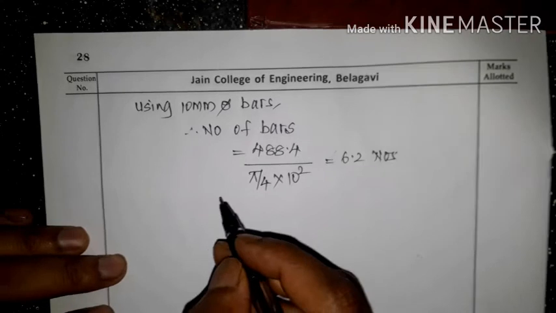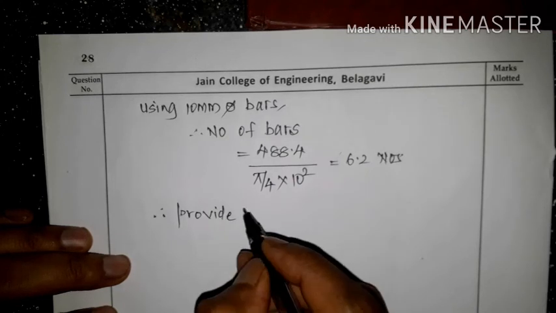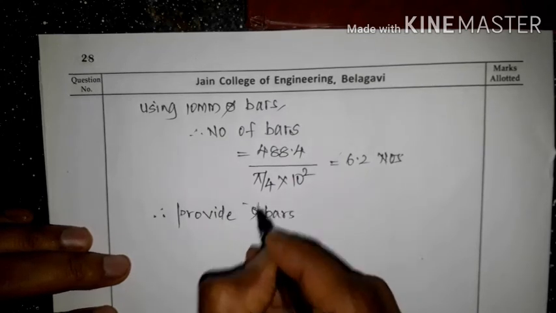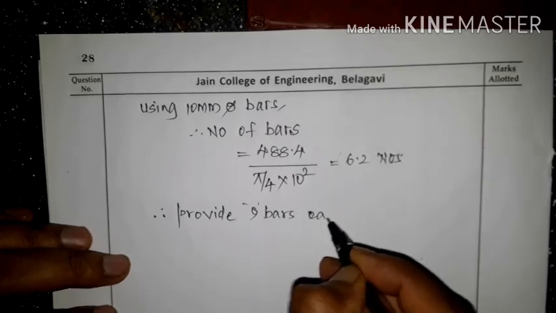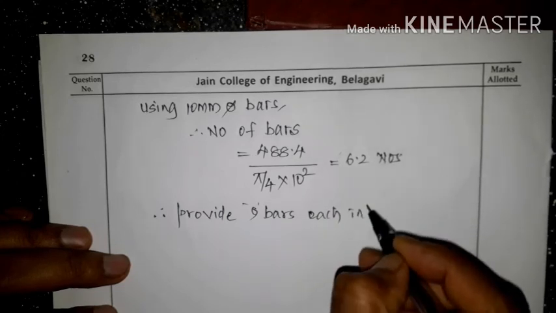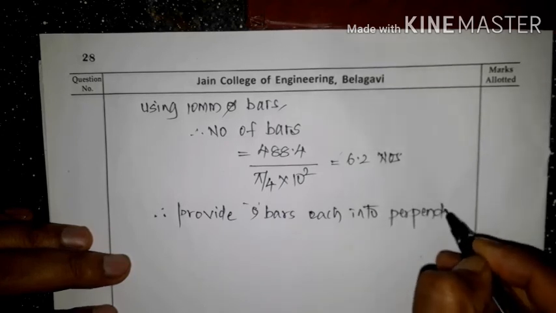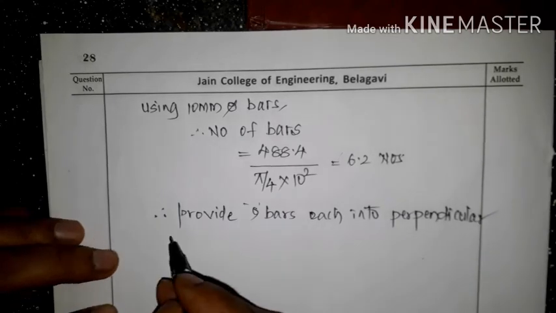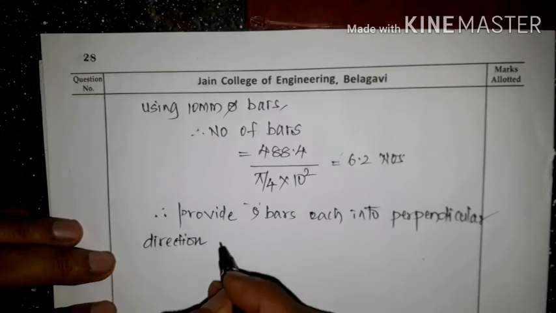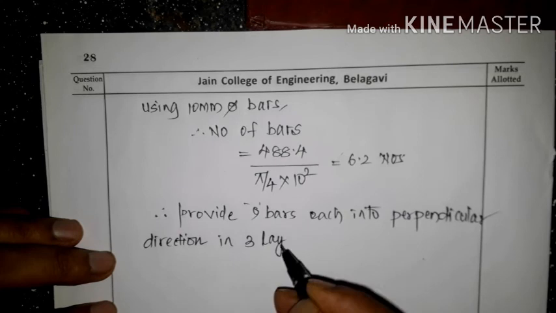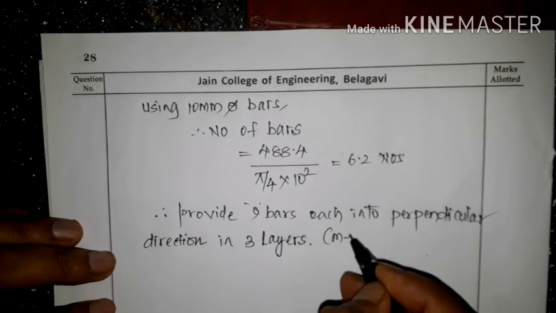So I will write here: therefore, provide 9 bars each in perpendicular direction in 3 layers, so that we have to provide as a mesh.